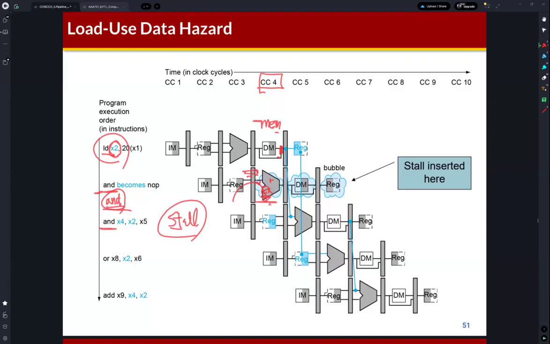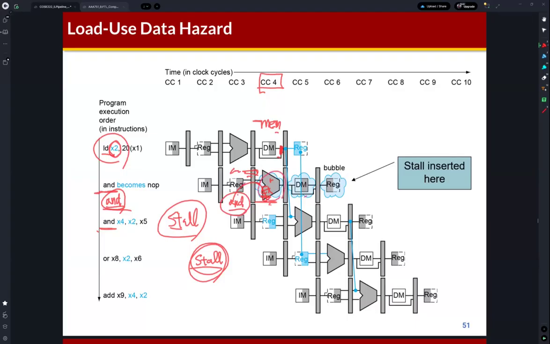This and instruction needs to wait in the ID stage. This is called a pipeline stall. Stall means that it's just stopped.